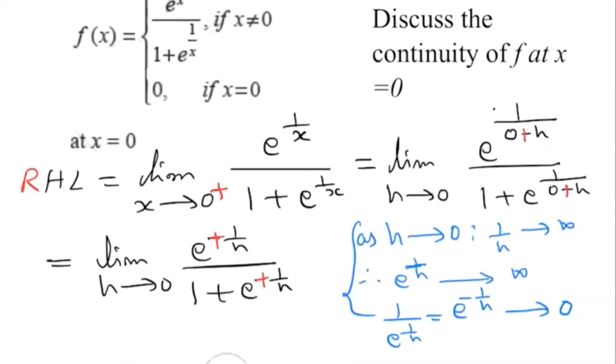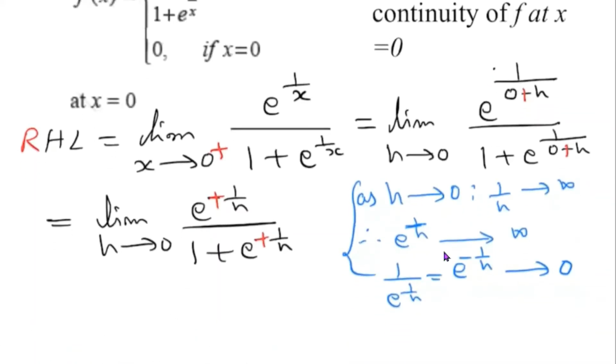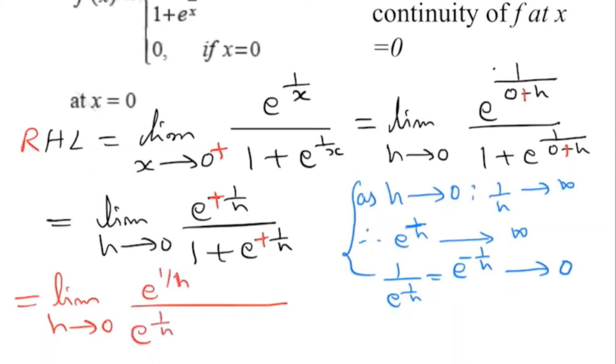Now again, as h tends to 0, 1 by h tends to infinity, e power 1 by h tends to infinity. Now in this expression, if I take e power 1 by h as a common factor in the denominator, e power 1 by h out, this will be e power minus 1 by h plus 1. Now these two get cancelled.